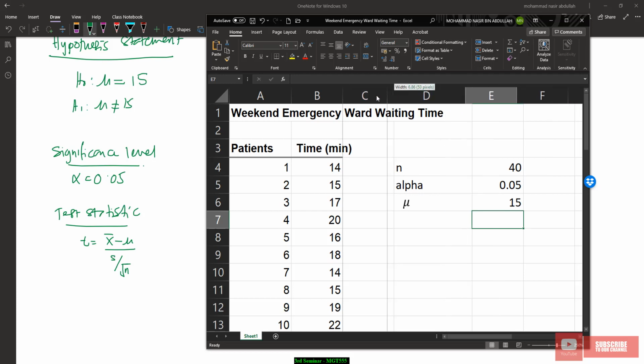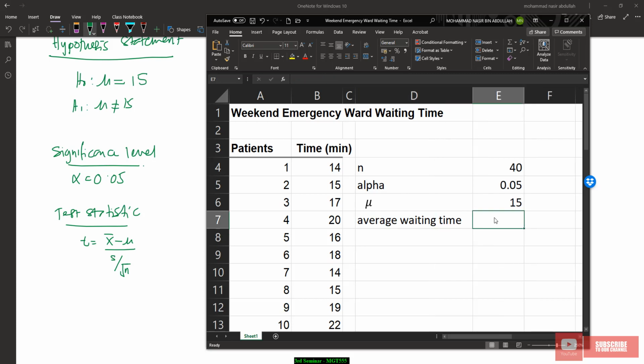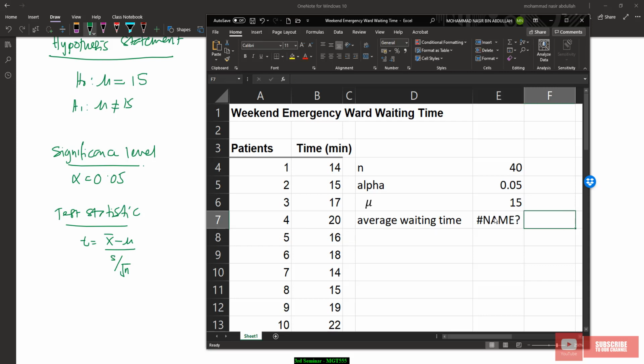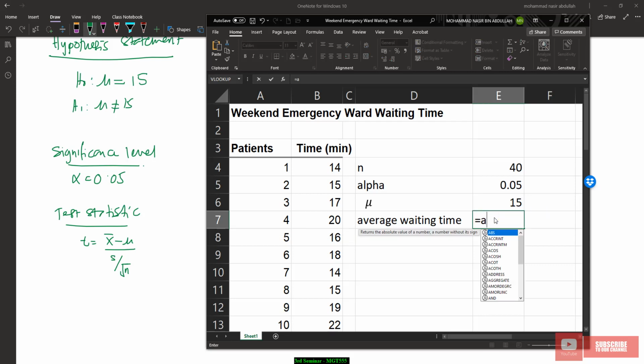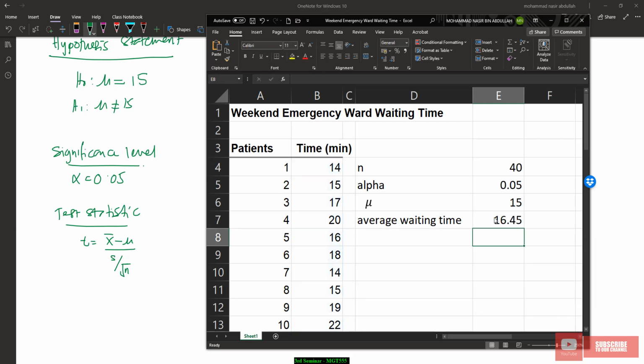So what we need to do next is find our average waiting time. The average waiting time is equal to the average from B4 to B43, which is equal to 16.45, right?